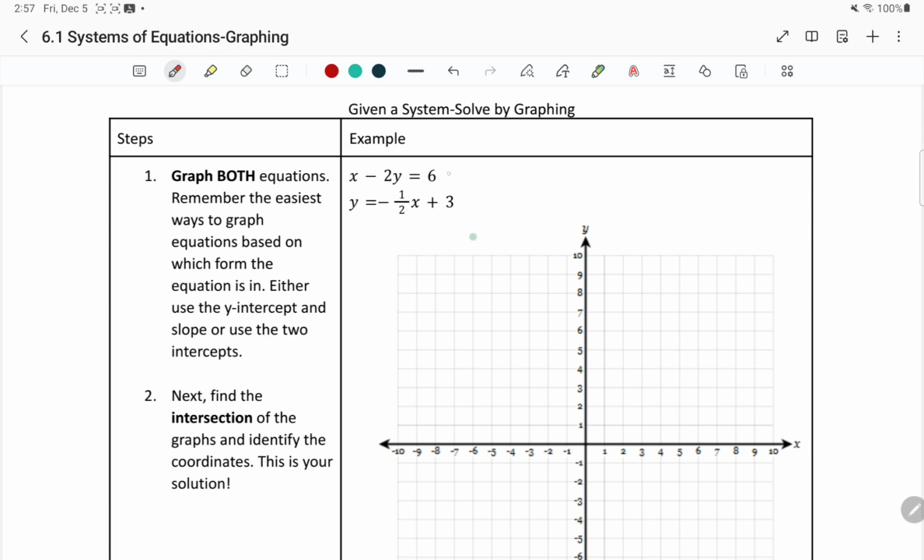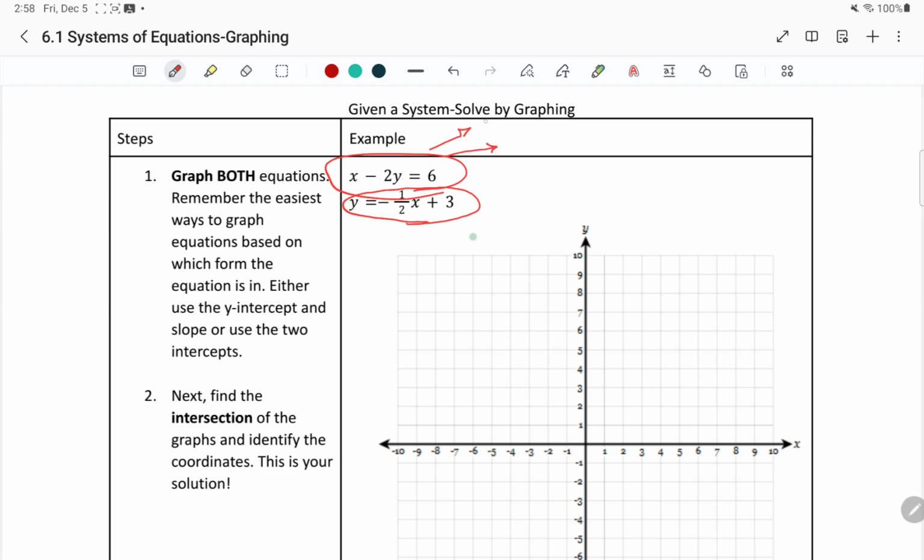Let's talk about our equations because this one's in the form y equals mx plus b. Really easy to graph. We just look at it. You've been doing this since 8th grade, the whole shebang. But this is newer. We did do this year. So there's 2 ways you can decide you want to graph this equation.